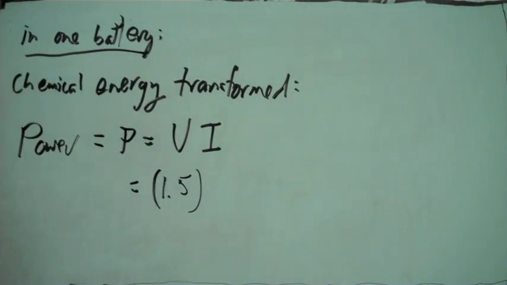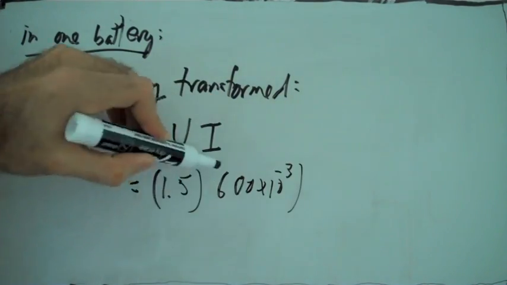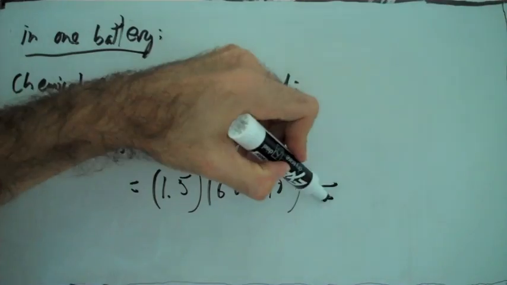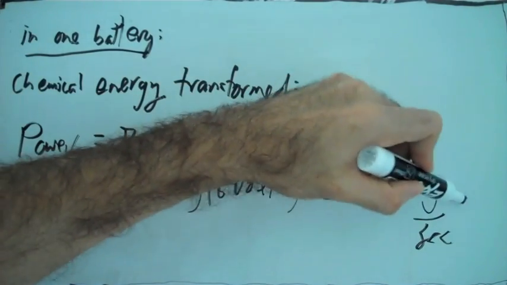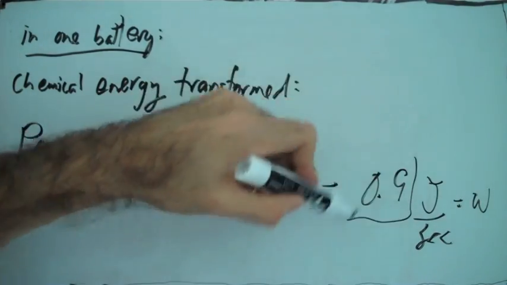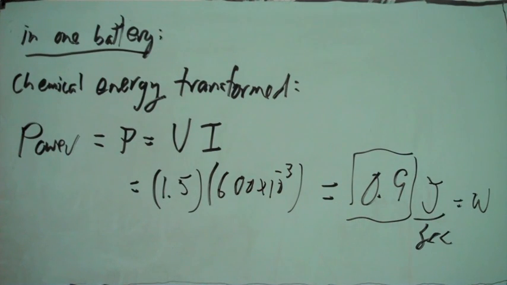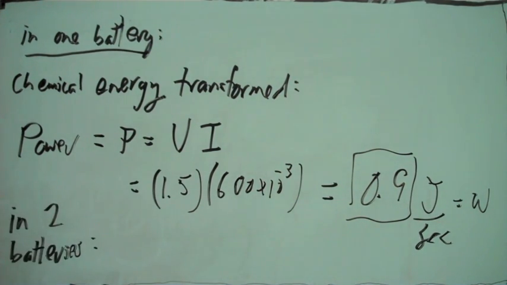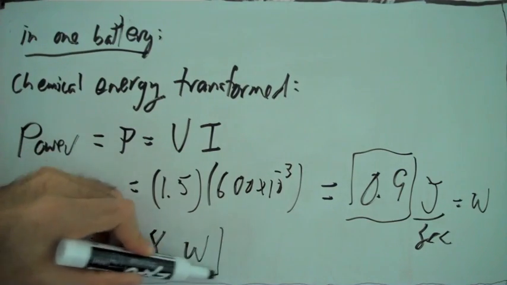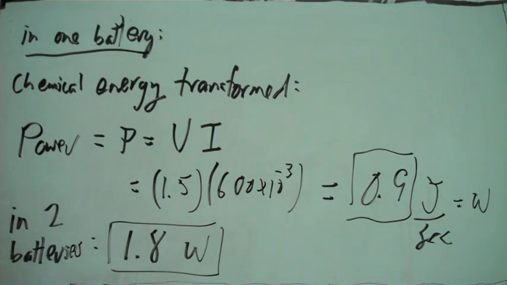The power is voltage times the current. So one battery delivers this much power. Okay, that's how many watts the battery delivers. So for the two batteries we have twice as much. So this is the total power delivered by both of the batteries.